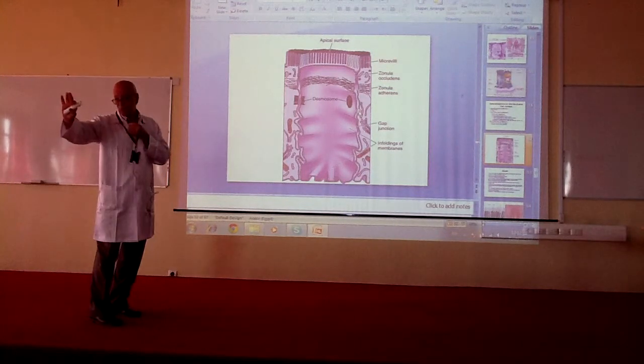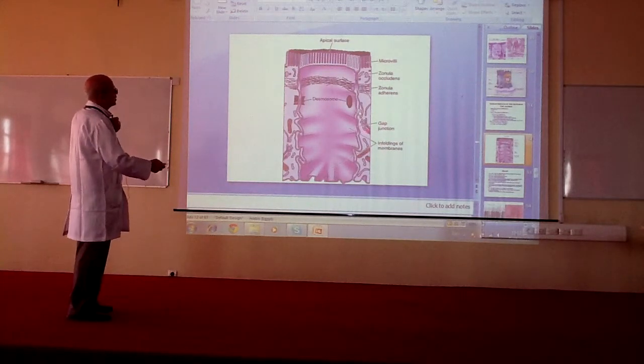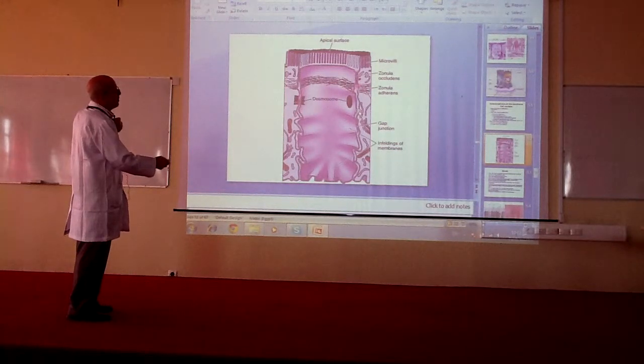Number two. This is an adherent junction. The space between the cells is widened. This is the normal space, but here it is widened. What are these? Filaments attached to the cell membrane.